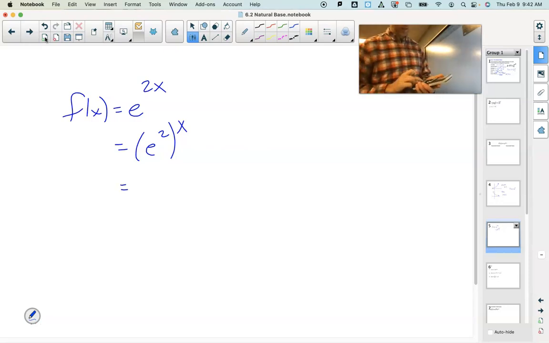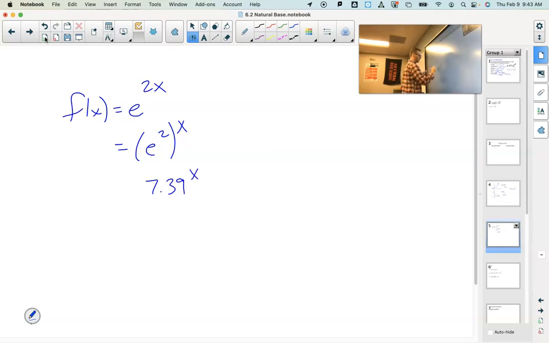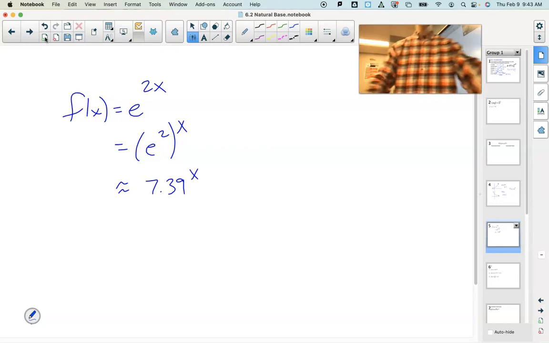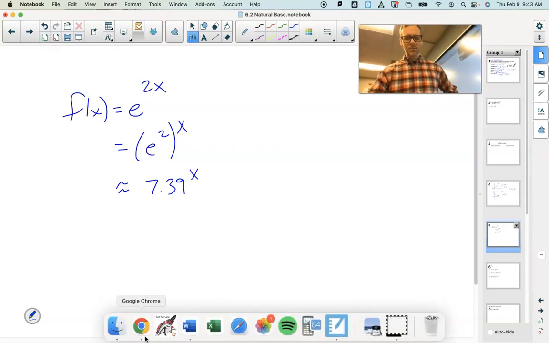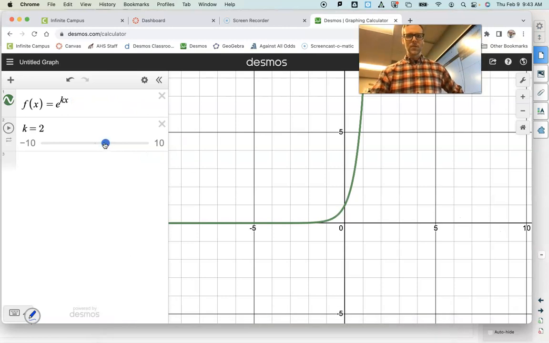If I go to my calculator, by the way, on the left side there's an e to the x button. It's right behind ln. So I'm going to take, there we go, e squared. e squared is about 7.39 to the x, right? So it makes sense it's growing faster because really our base is growing faster. So as k gets bigger, it grows faster.